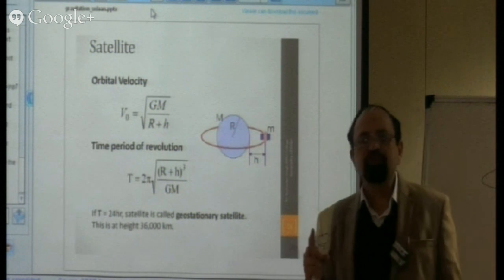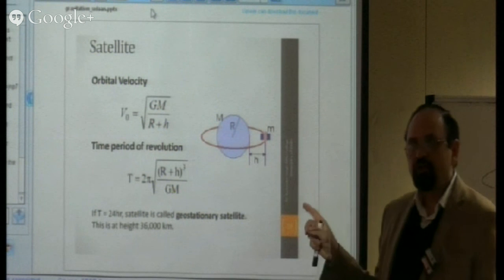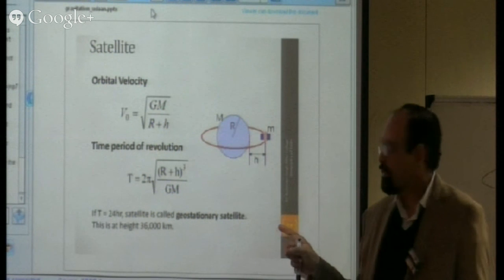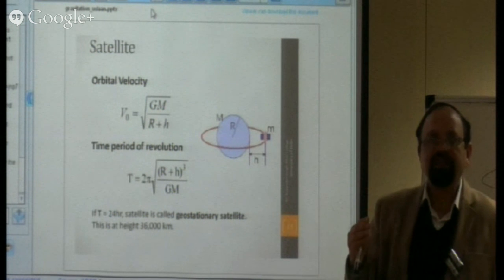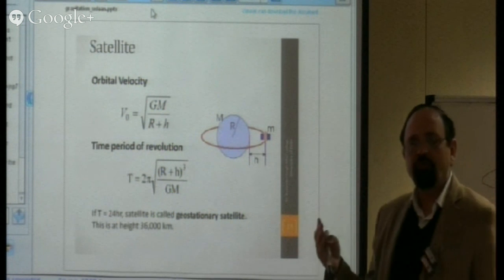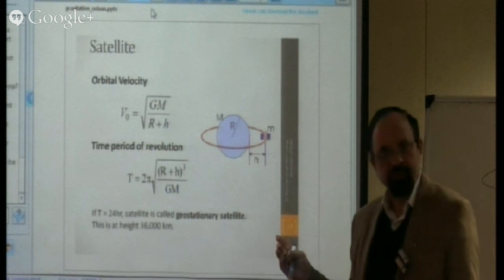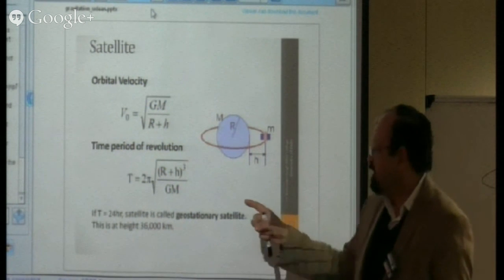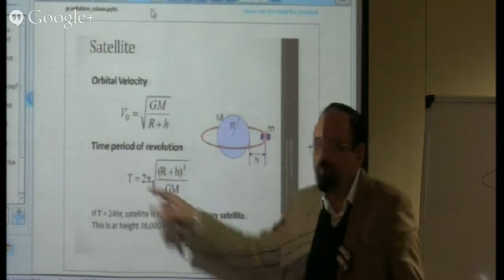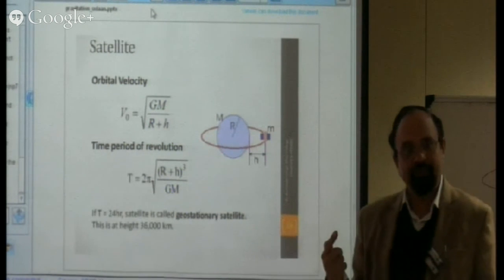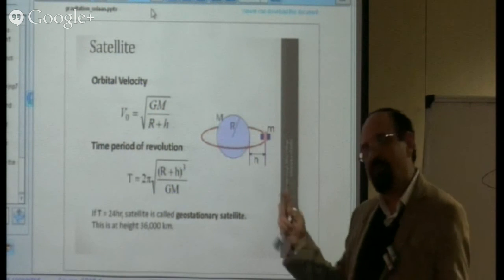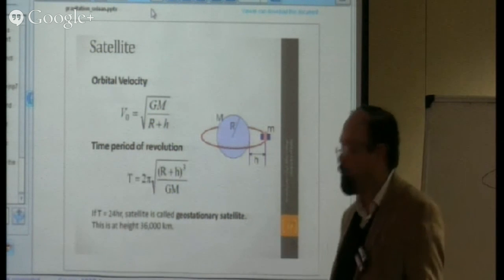All your communication satellites are geostationary satellites. Those satellites which are remote sensing satellites are at a lesser height, say nearly 600 kilometers to 800 kilometers. Since the radius is less, they complete their revolution in lesser time. So they make many rounds in a day, and a geostationary satellite appears to remain at the same place.